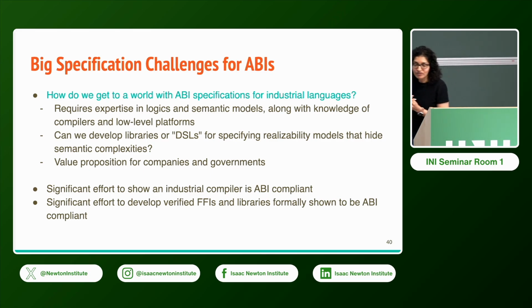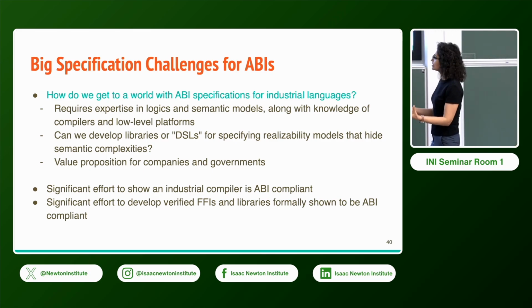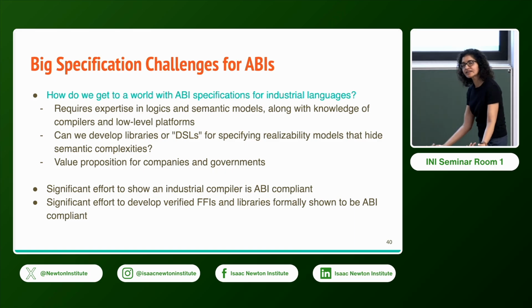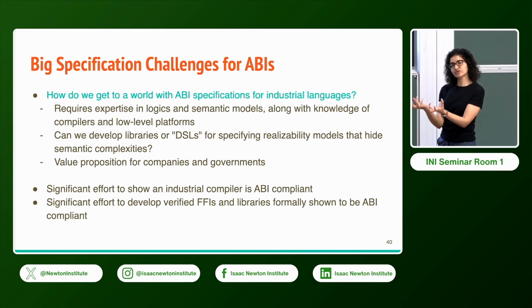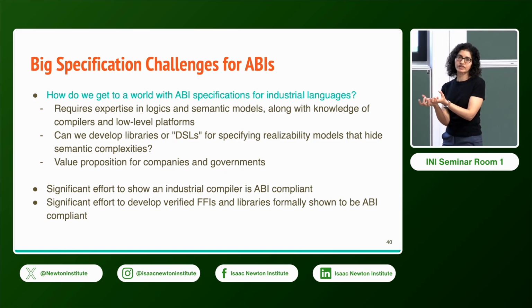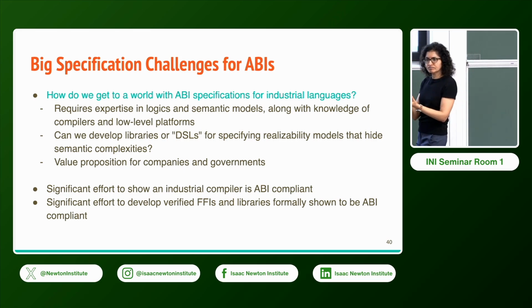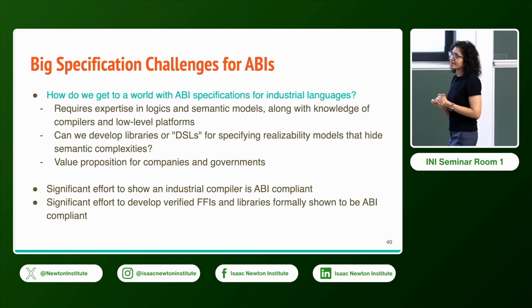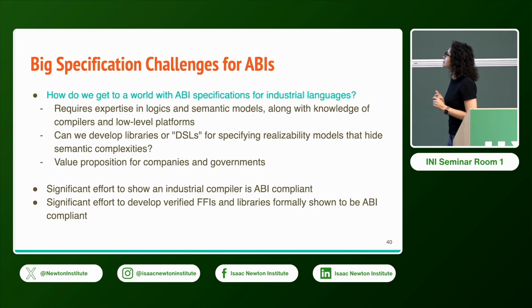So a thought I had was, can we develop libraries or DSLs for low-level target languages that capture a lot of the important concepts, so that it becomes easier for someone developing an ABI for a source language to plug them together and get what they want? That might be something to try to build towards.